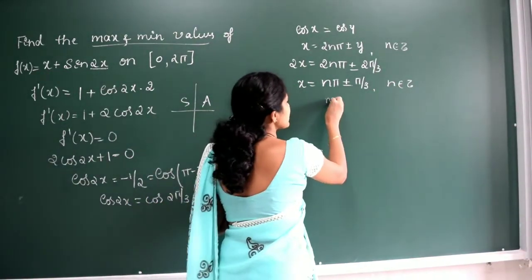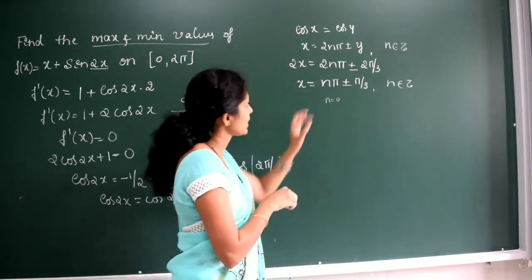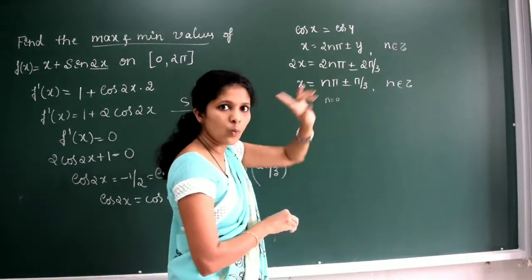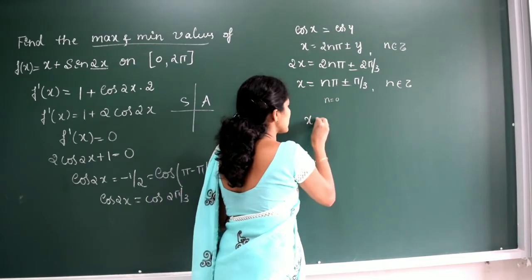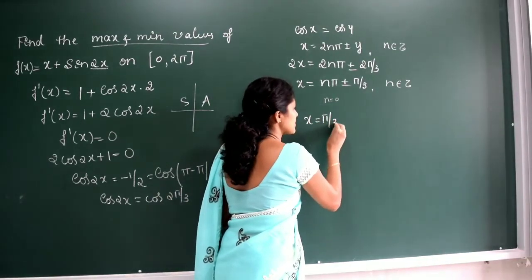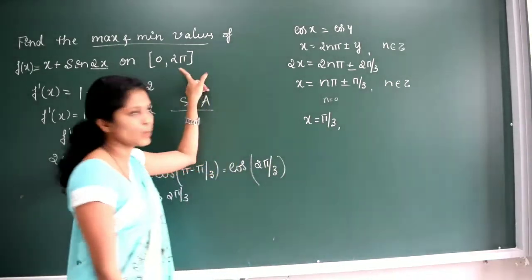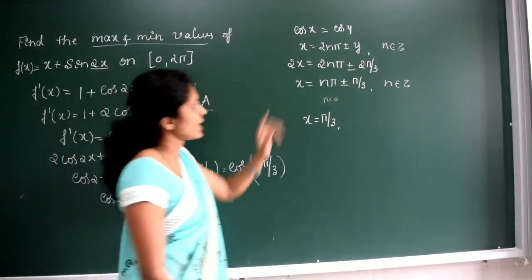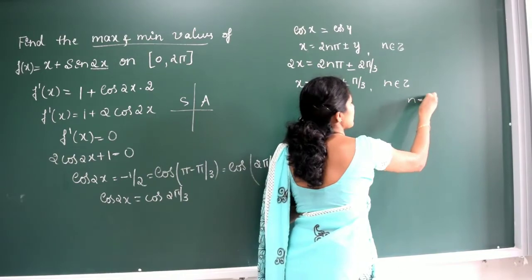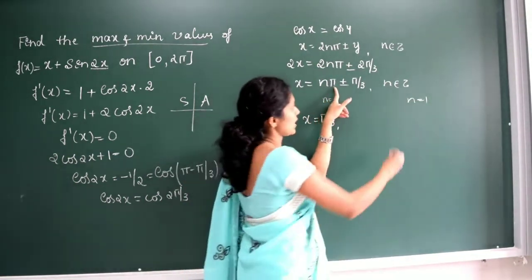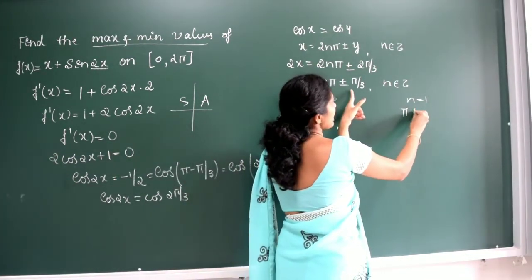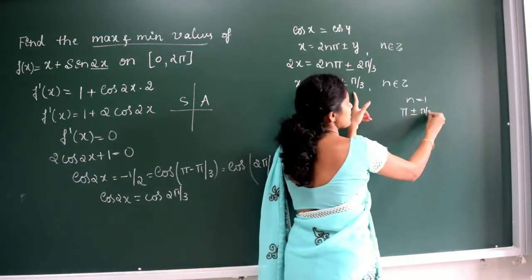I'll go with n is equal to 0. If I substitute n equal to 0, this will be 0, right? One possible value is x is equal to pi by 3. Is it clear? Now this value pi by 3 is between 0 to 2 pi, right? Now I substitute n is equal to 1, and I can take this as pi plus or minus pi by 3, right?